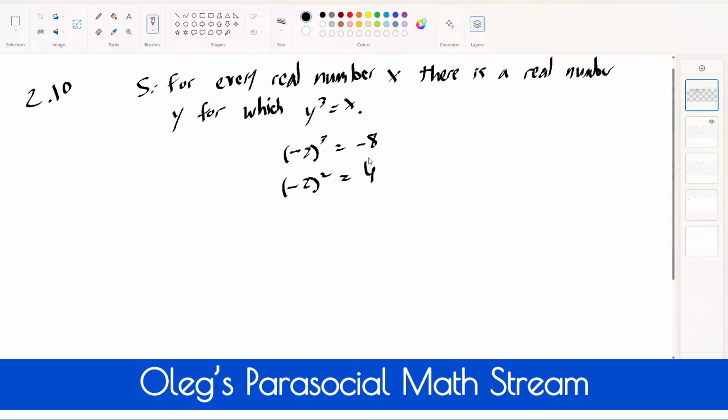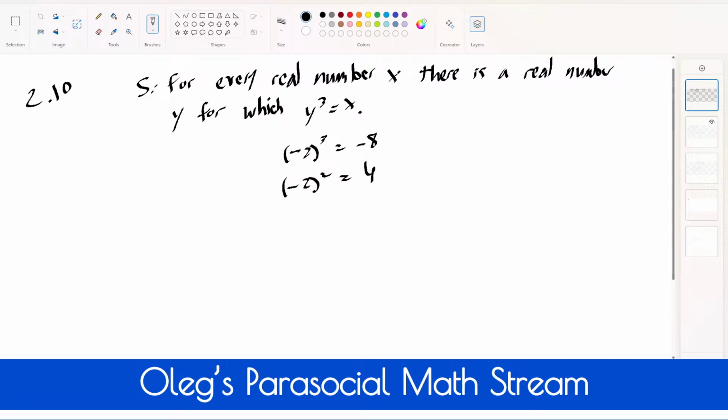Okay, so what we have next is that I have to write this out. S: for every real number x, there's a real number y for which y to the 3rd power is x.